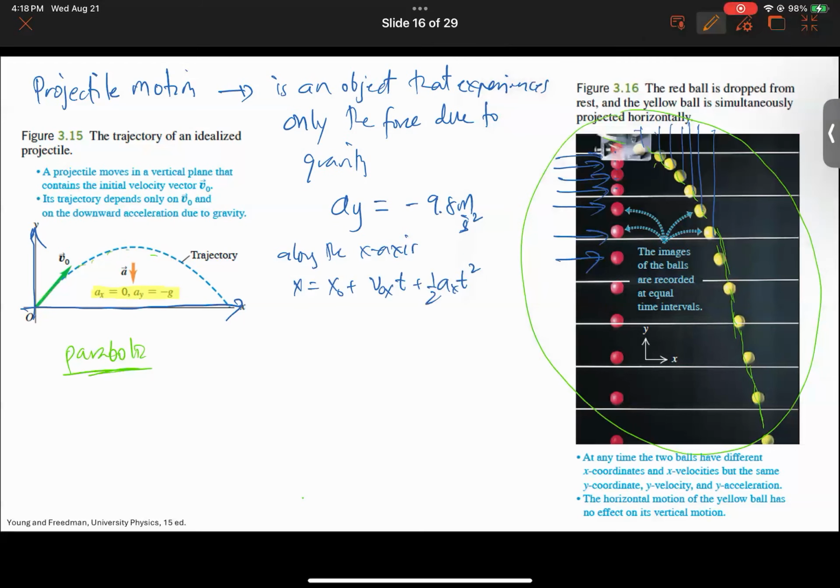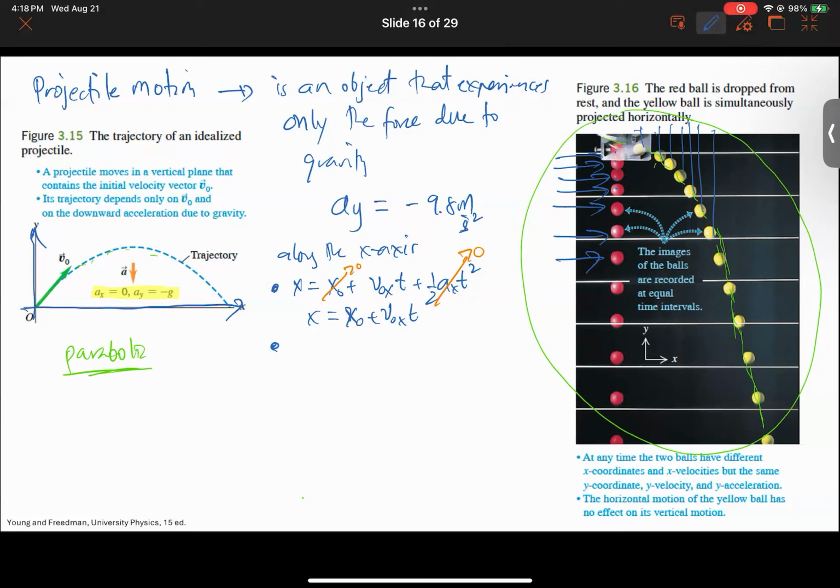Pero since ax is 0, and then we typically set x naught to be 0 naman. Pero sige, wag muna natin iset yan na ganyan. Ibig sabihin, ang x is equal to x naught plus v naught x t. Okay, so yun yung una.